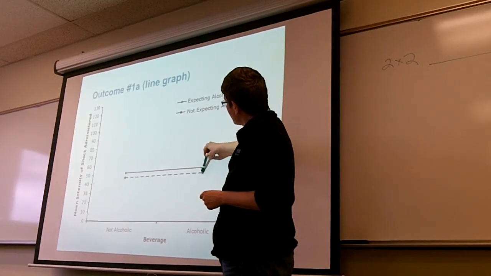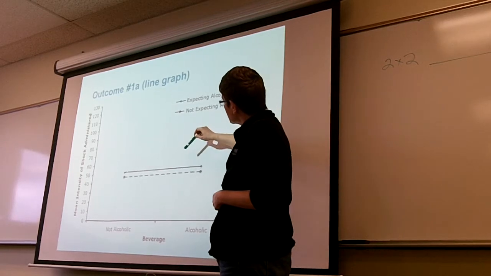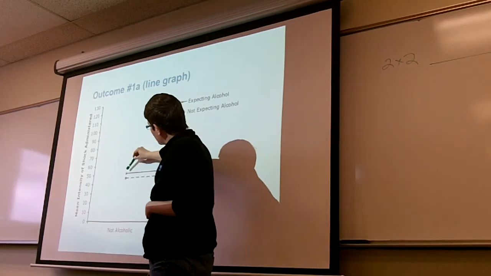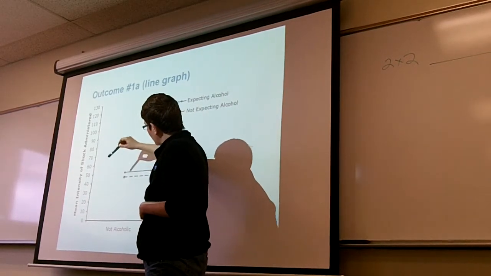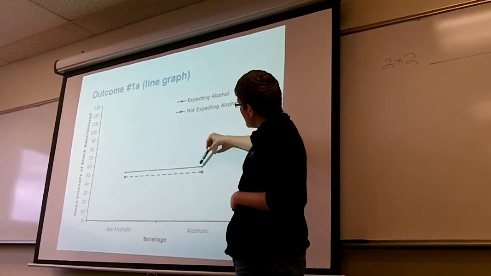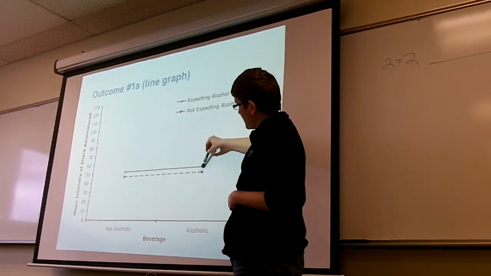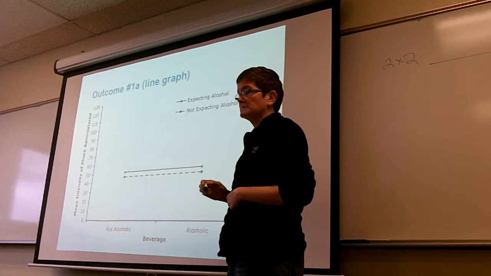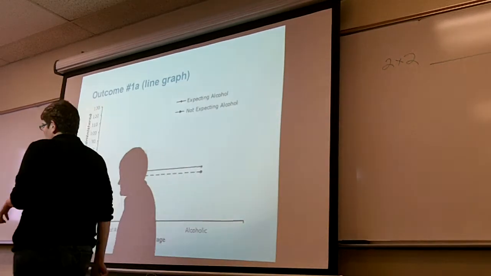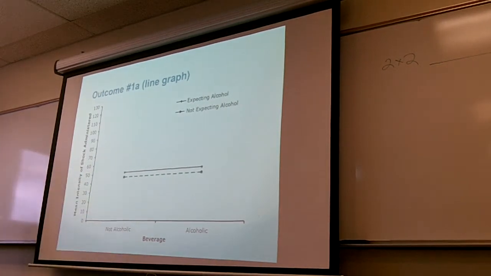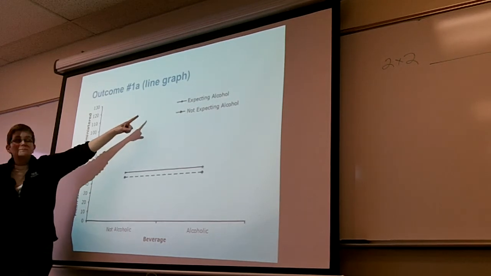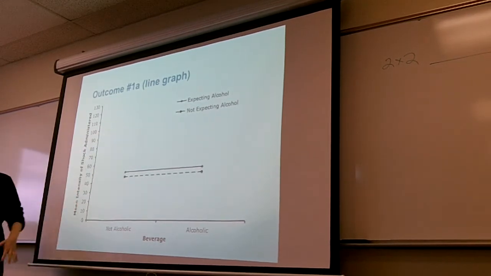The alcohol beverage not expecting alcohol dot is there. The expecting alcohol but didn't get an alcoholic beverage square is there. And the expecting alcohol got an alcoholic beverage square is there. Okay? And we put lines in between them just to connect people who are in the same expectation group.